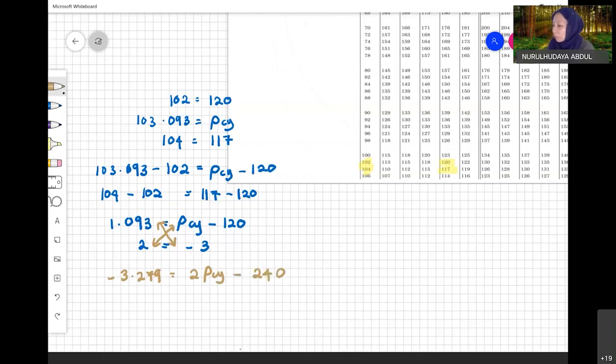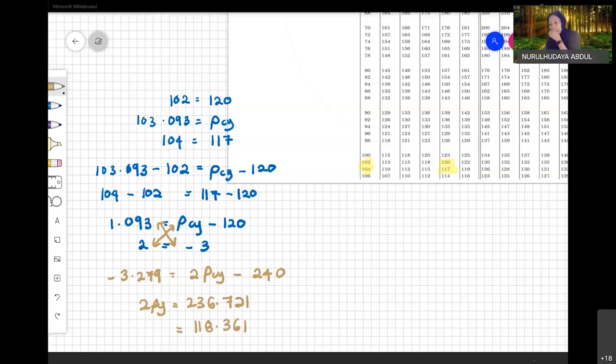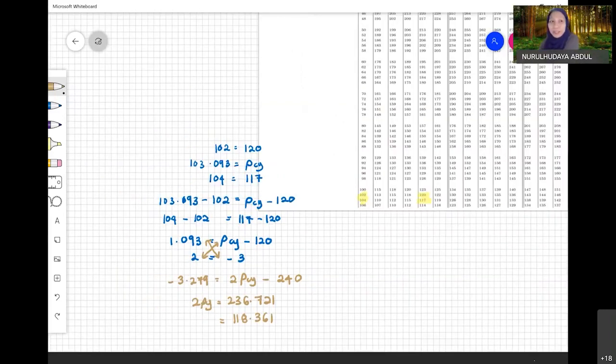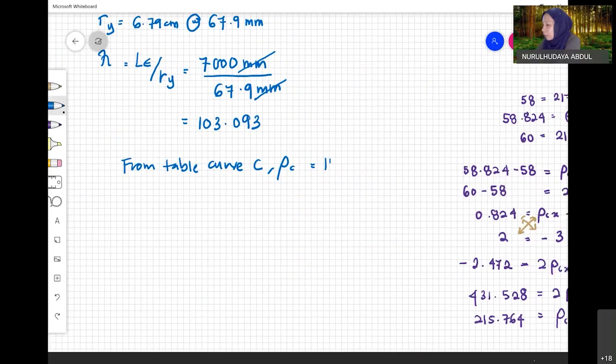We move negative 240 to the left, it becomes plus. So you get 2 PCY equal to 236.721. Then you just divide by 2, you will get 118.361. So PCY is 118.361, and the unit is still Newton over mm square.